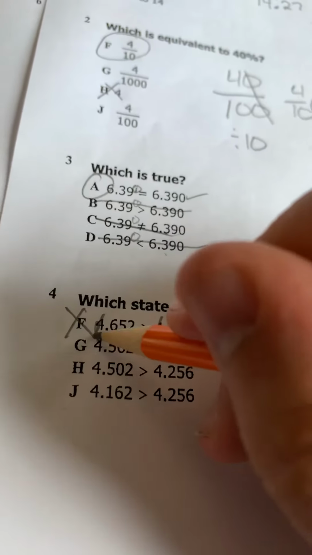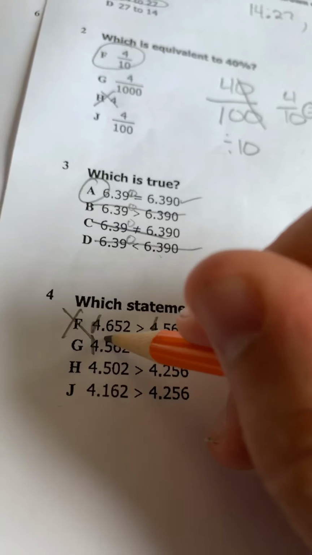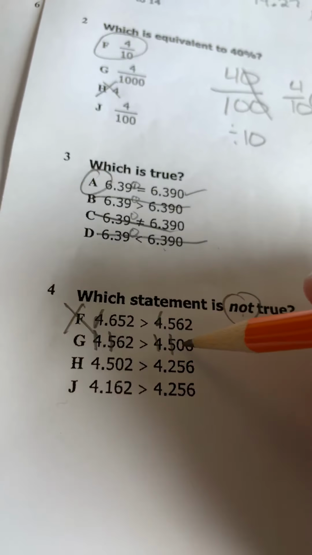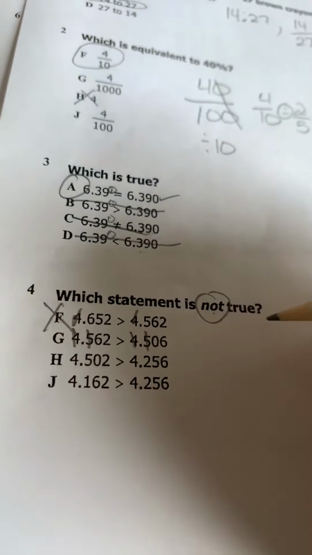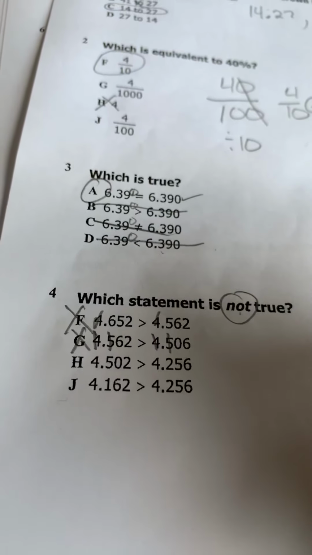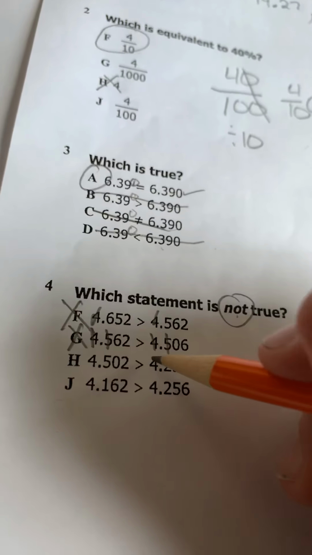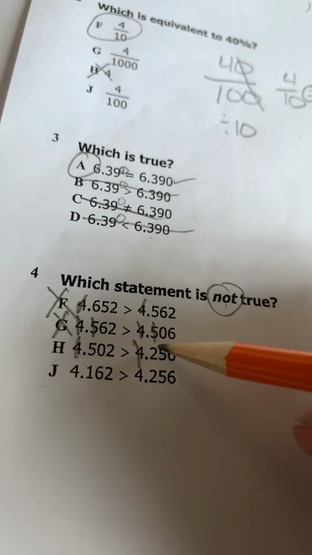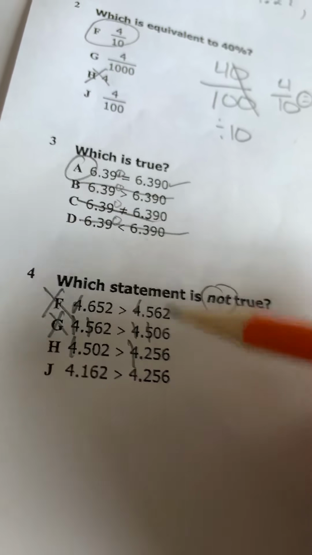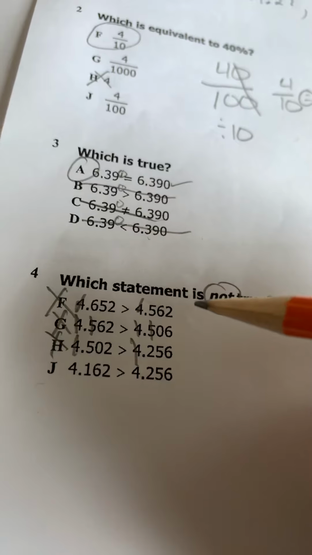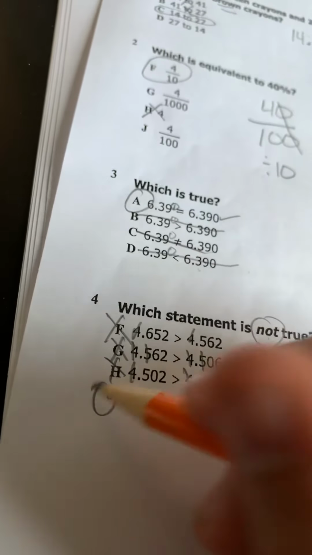G: 4s are the same, 5s are the same. Is 6 greater than 0? Yes, it is, but I want the one that is not true, so G is out. 4s are the same. Is 5 greater than 2? Yes, it is, so H is out. So automatically, I already know J is my correct answer.